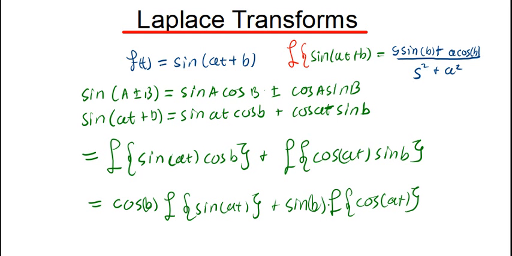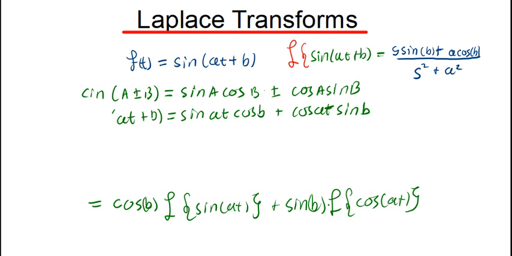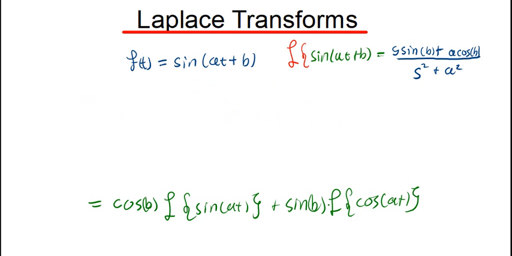Okay, so the reason why I was avoiding this one at first is because someone might be tempted to feel maybe you have to do something for the cos b as well, but I'm just treating it as a constant for now. But remember, in the previous video we showed how to come up with the Laplace transform of sine at as well as cos at.